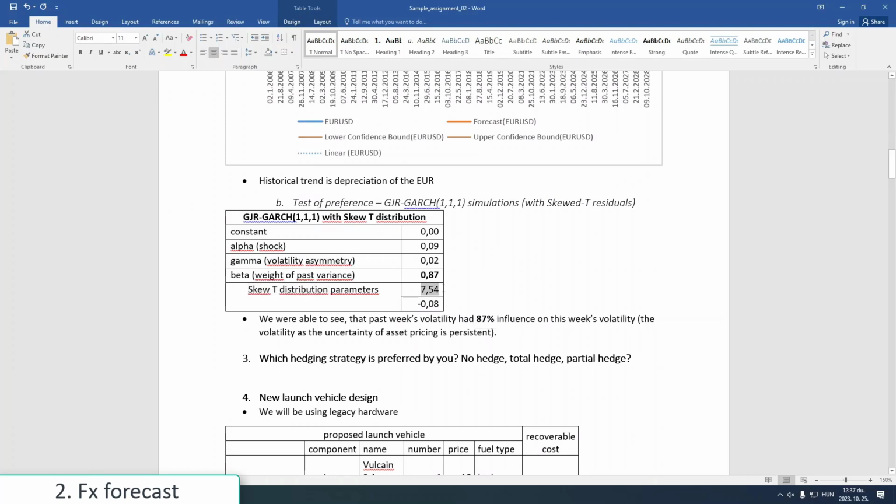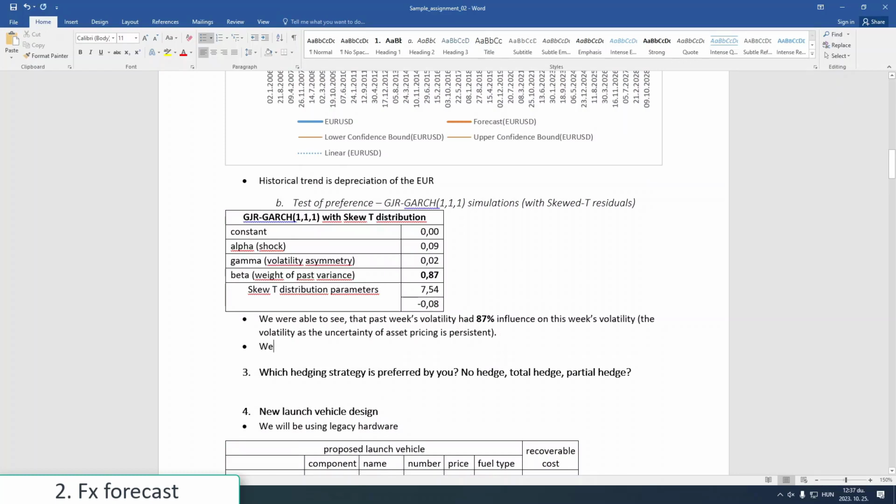What we can see here is that this is not infinite and this is not zero, so practically we can say that we tested a model with fat-tailed distribution to represent the frequent occurrence of extreme data.